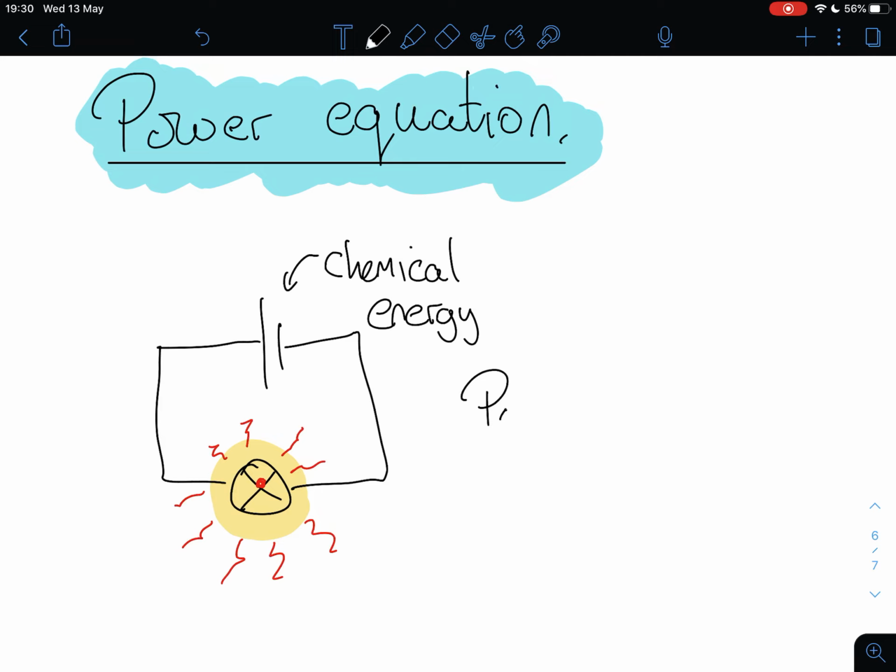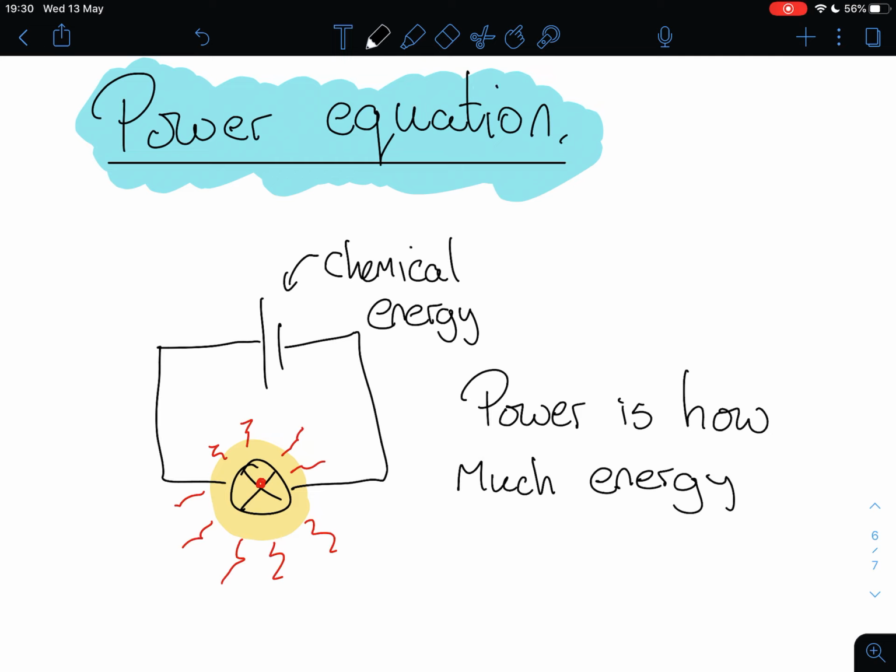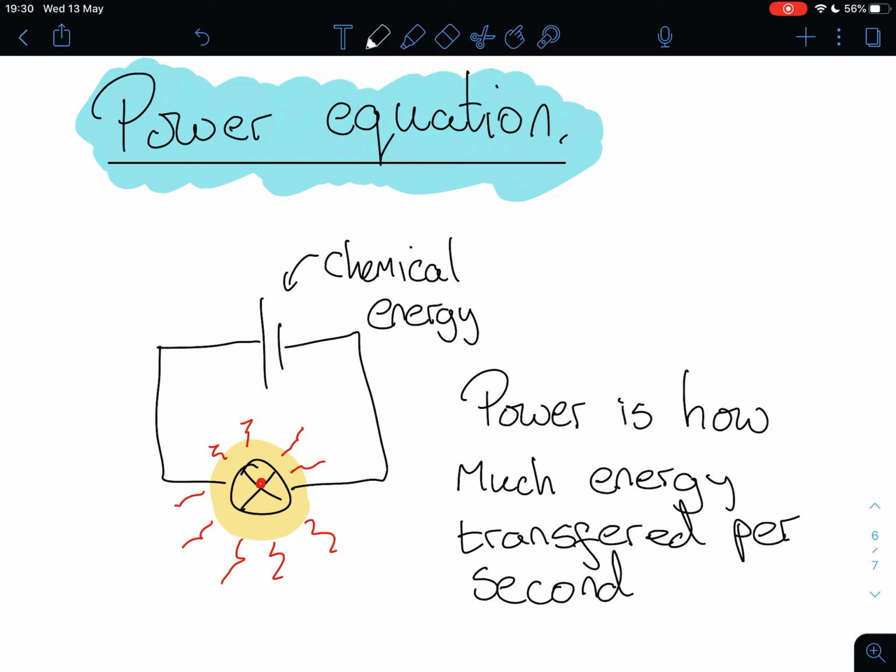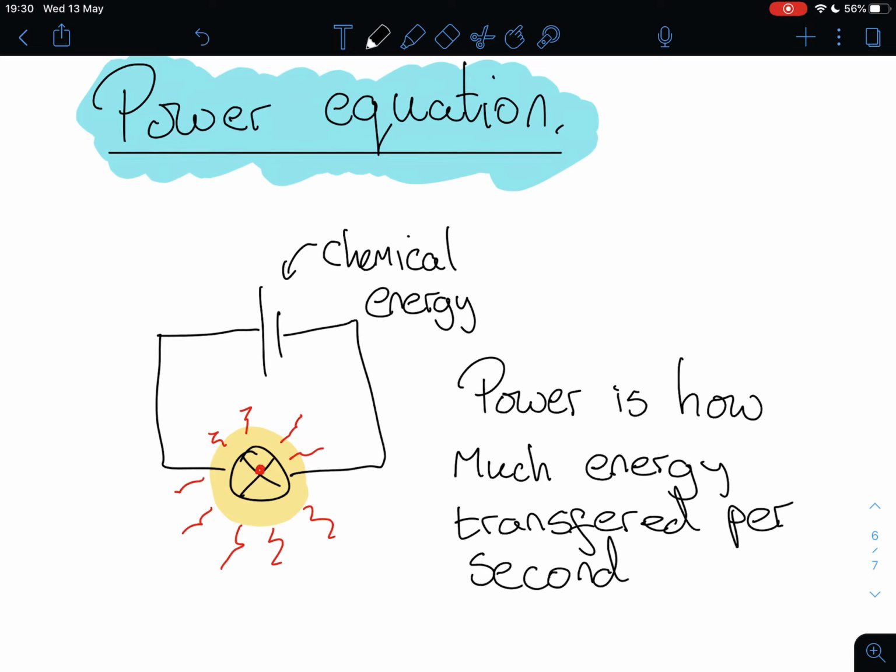So power is how much energy transferred per second. So that's the definition of power. Power is how much energy transferred per second.